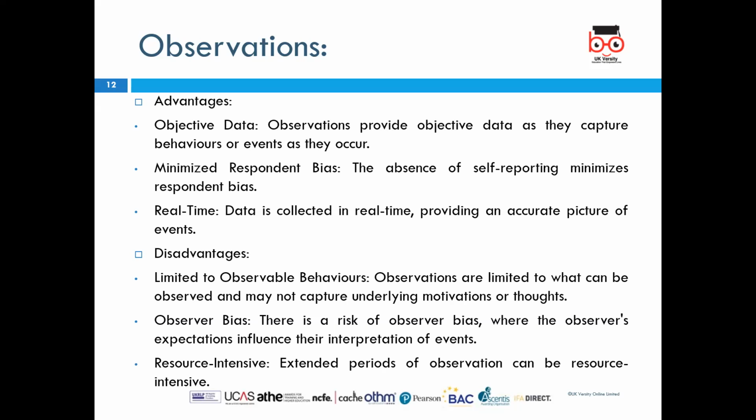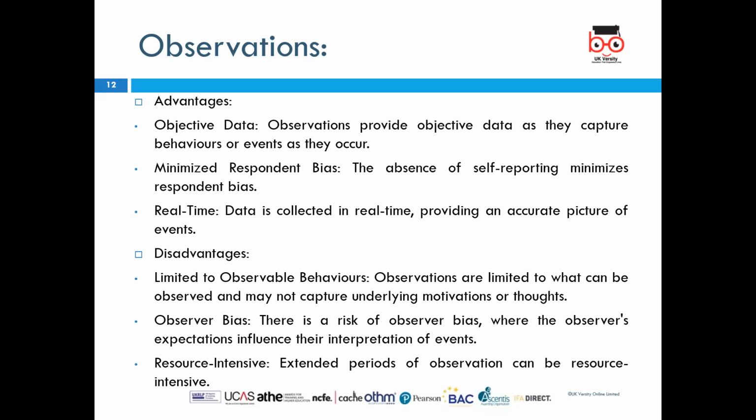perspectives of the participants. Then you have minimized respondent bias, which means that the absence of self-reporting minimizes respondent bias. Here what happens is that in many cases, the researcher also self-reports their own observations.